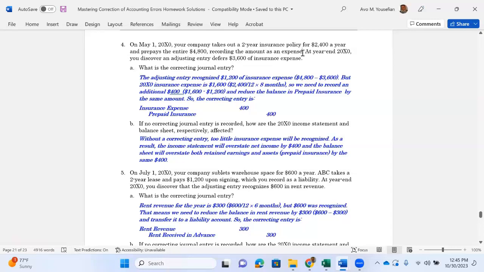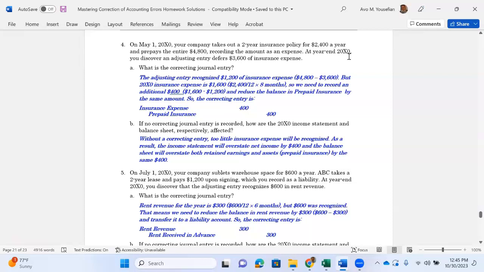So the journal entry was debit insurance expense $4,800, credit cash $4,800. Please do this journal entry on your T account so you see what you have. So you have $4,800 of insurance expense debit and $4,800 of cash credit.